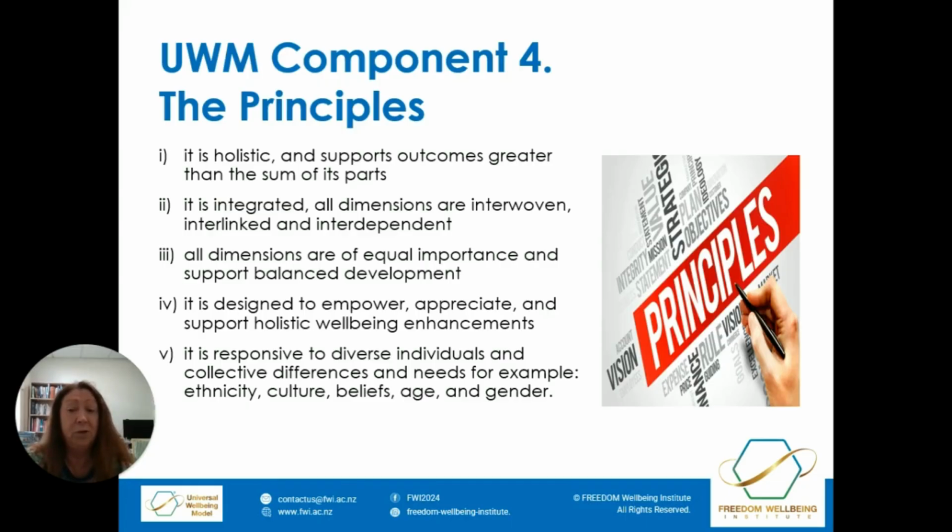The final principle encourages us to understand that the model is responsive to diverse individual and collective differences. So it is responsive to differences in ethnicity, culture, beliefs, age, gender, and so on. And this is intentional.